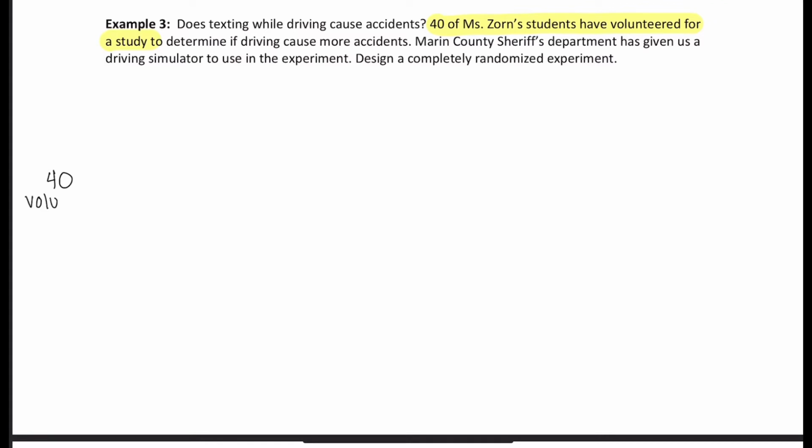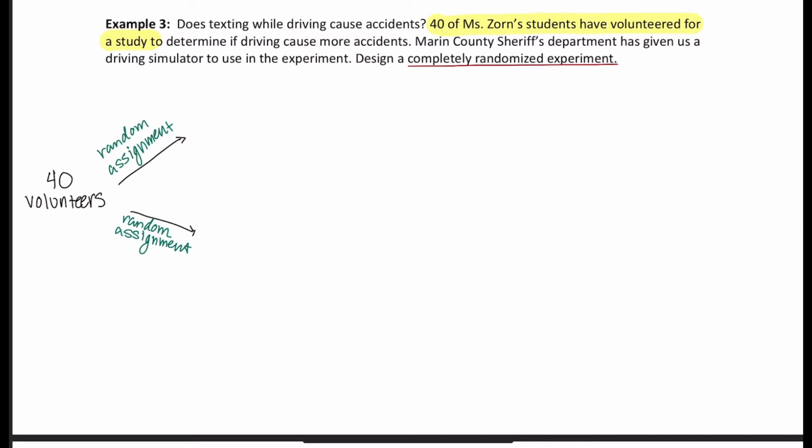So we have the 40 volunteers. From here, we are doing the random assignment. So we're going to randomly assign 20 to one treatment and 20 to the other treatment.